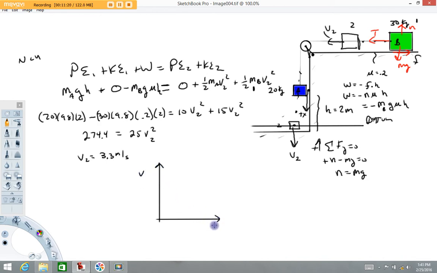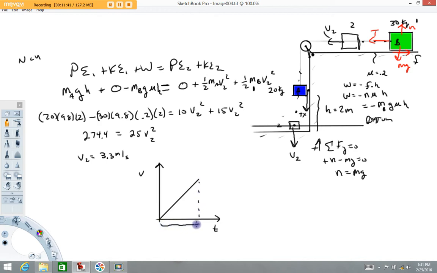Right? So velocity against time. From experience, hopefully you've seen enough of my videos and worked enough of these yourself, you would know that if you find the acceleration of the system, you're going to get a constant value, which means that our velocity is a linear function. Right? We don't know when it's going to hit the ground yet.